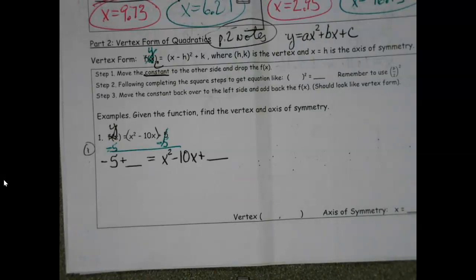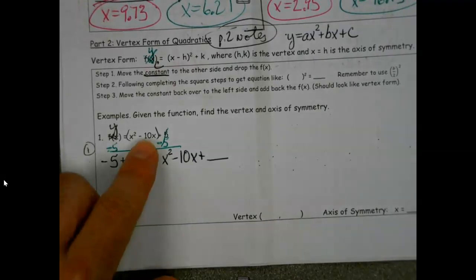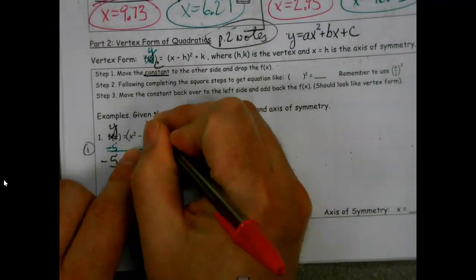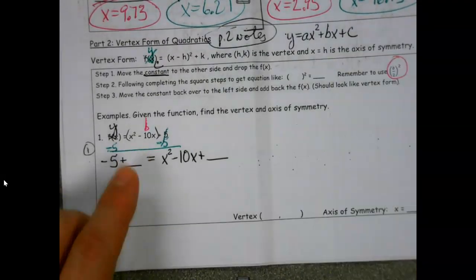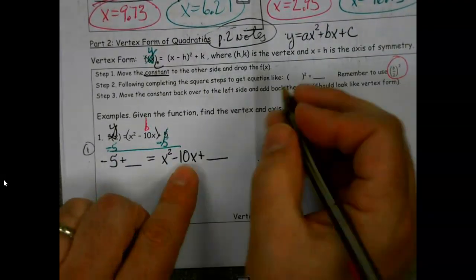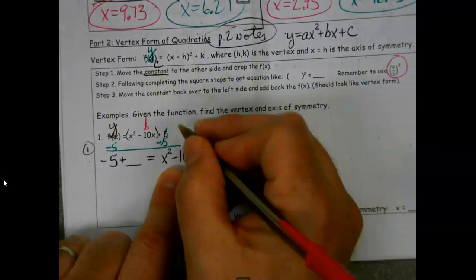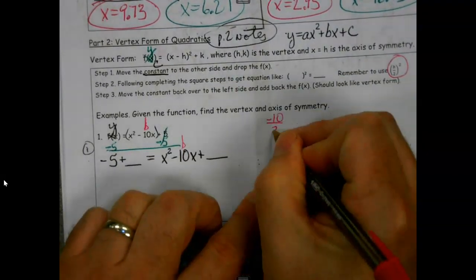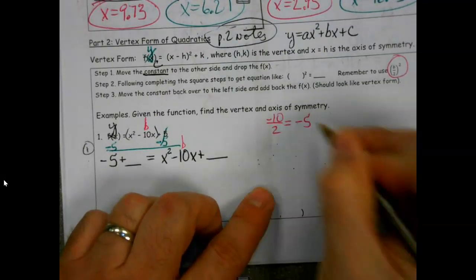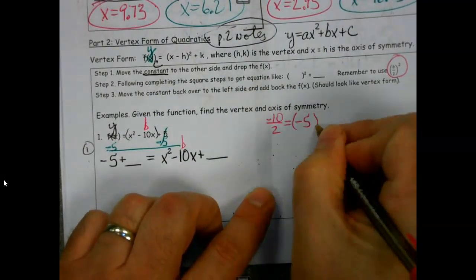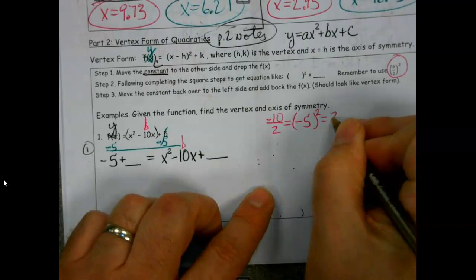And we're going to roll that same process back that we did yesterday, which is we're going to take our b value. Even a reminder on the equation over here. We're going to take our b value, sign goes with it. We're going to divide it by 2. And we're going to square it.